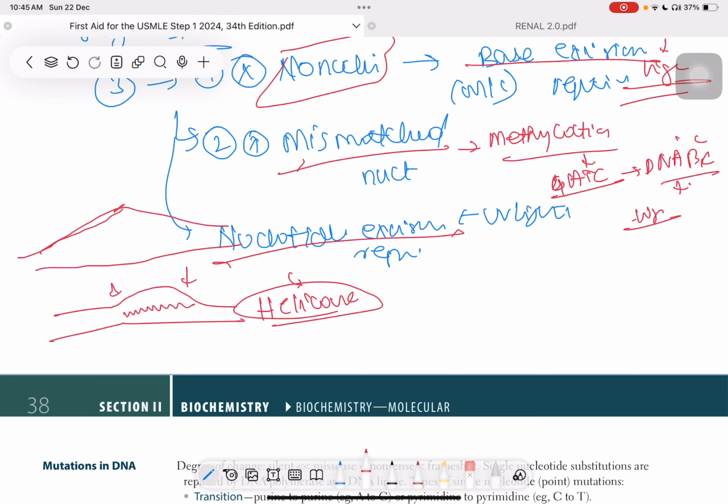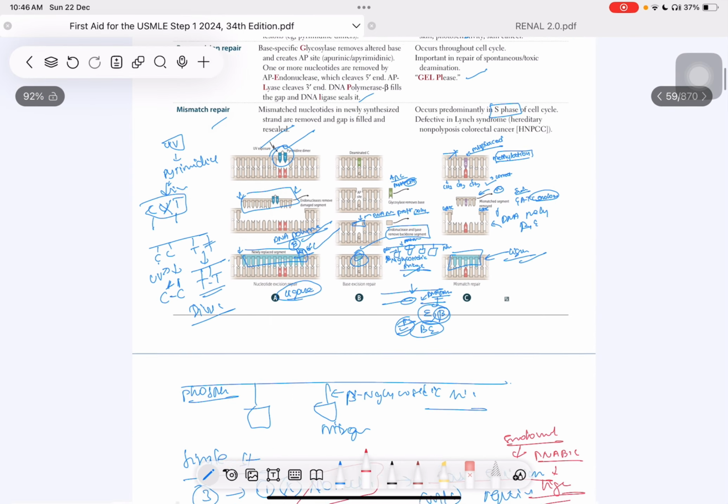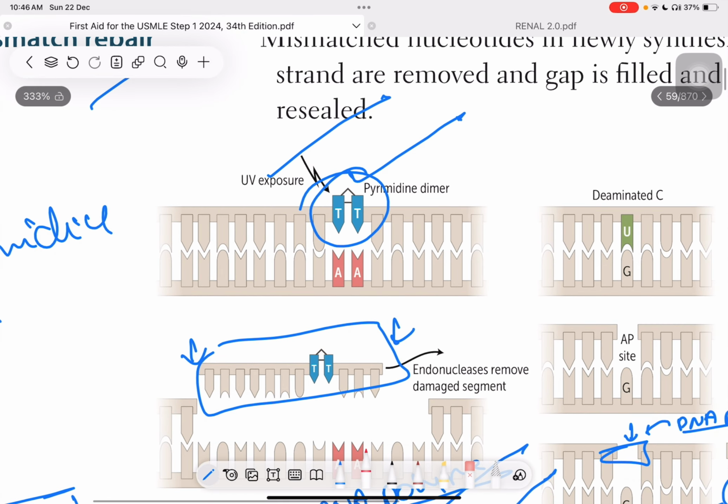Once this replication fork is created, you have the action of your UV specific endonucleases or excinucleases, which remove this strand, and you have DNA polymerase beta and epsilon, the same story again, and the action of ligase. The important thing you remember is helicase. Sorry, I had forgotten it over here. Let me add it over here. You have the action of helicases.